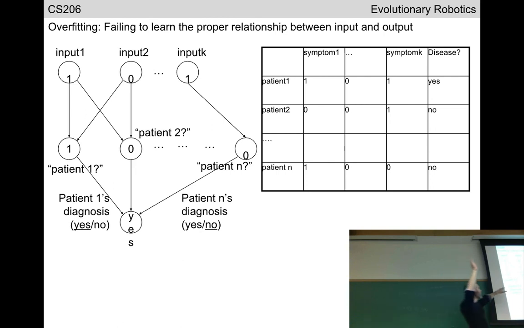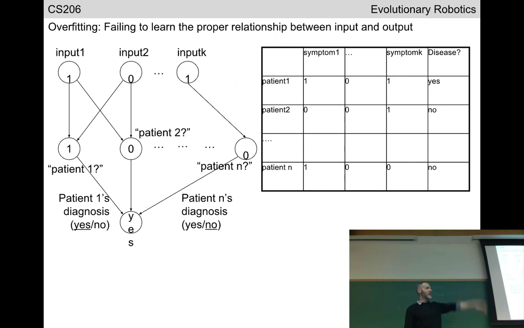So hidden neuron 1 says, don't worry guys, I'm going to memorize the symptoms of patient 1, and I'll then set my output to be whether they had the disease or not. Hidden neuron 2 says, I'm going to memorize patient 2. I will only turn on when patient 2 is present at the input layer. And my synaptic weight will indicate whether patient 2 suffered from the disease or not.